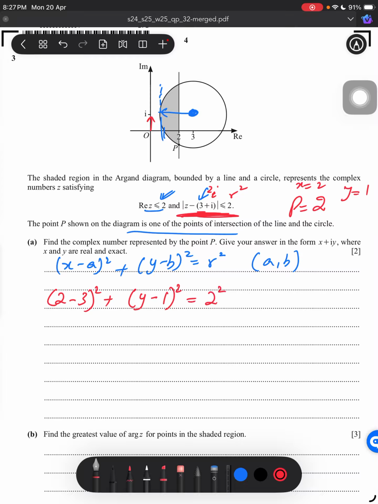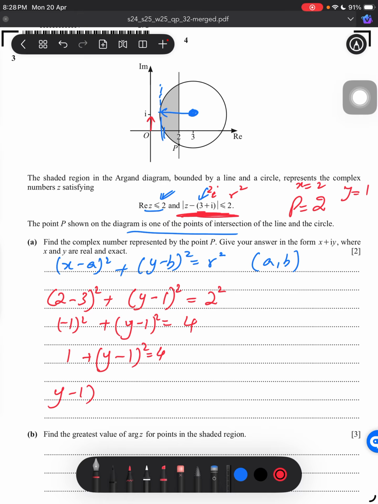So 2 minus 3 is negative 1 squared, which is positive 1, plus (y minus 1) whole squared. Let's just keep it as it is, and this would be 4. Taking this value 4, this becomes 3.